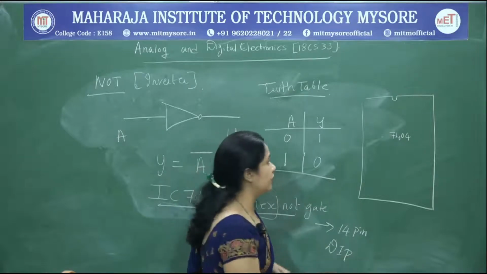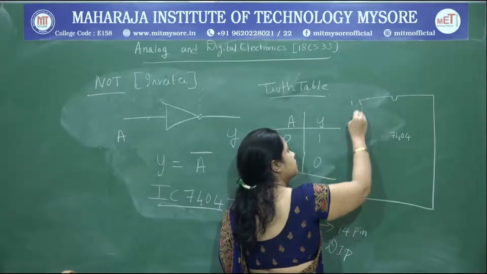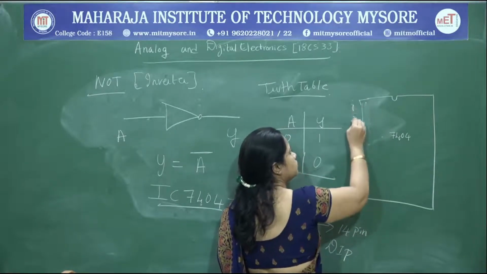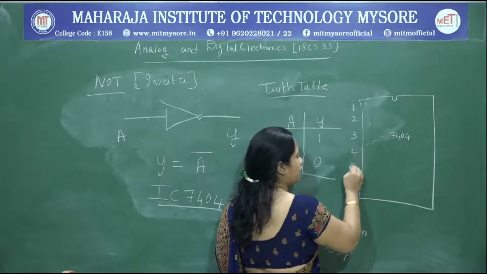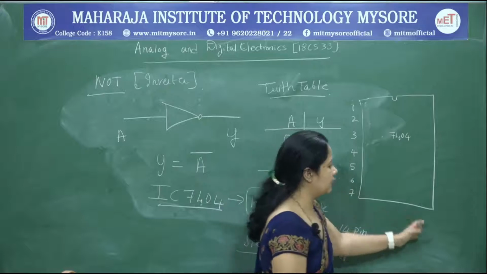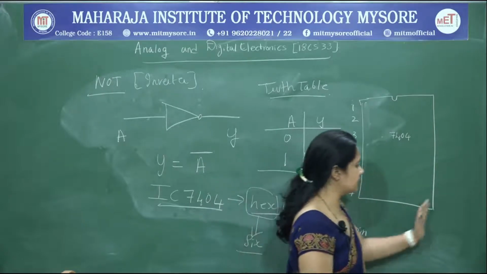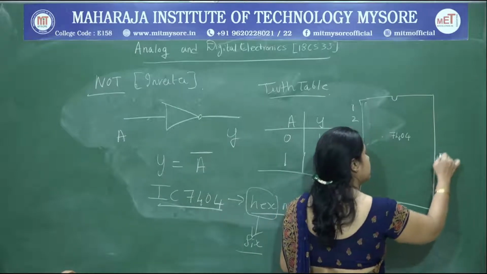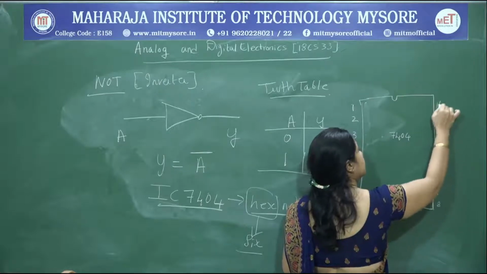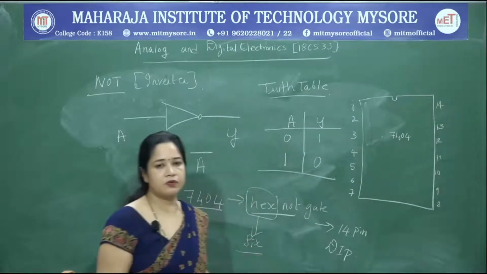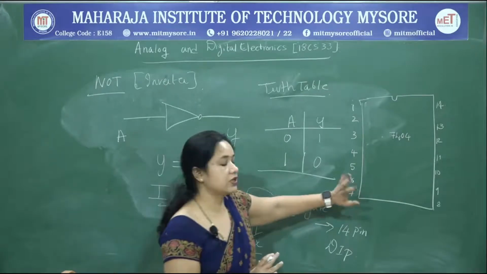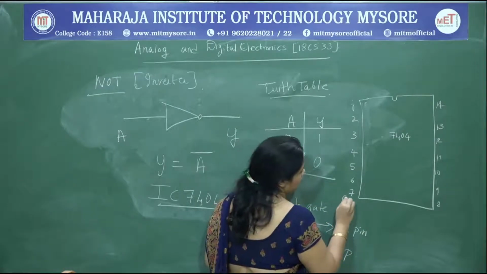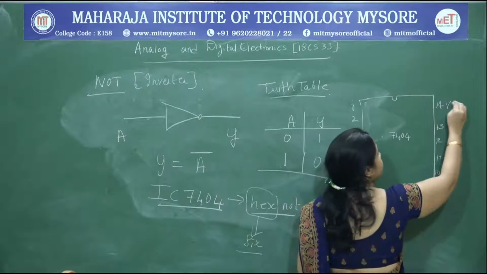So when I say 14 pin dual inline package, we have pin numbers 1, 2, 3, 4, 5, 6 and 7 along this line and the other 7 pins along this line: 8, 9, 10, 11, 12, 13 and 14. Please note, whenever we have an IC, we need to supply it with power. So 7 is ground and 14 is VCC.